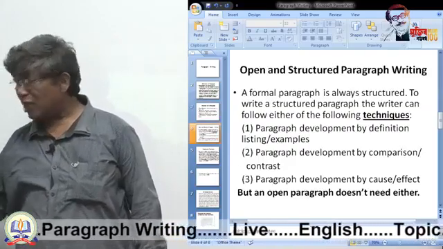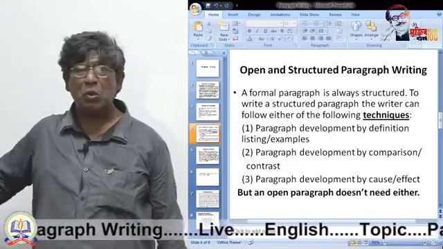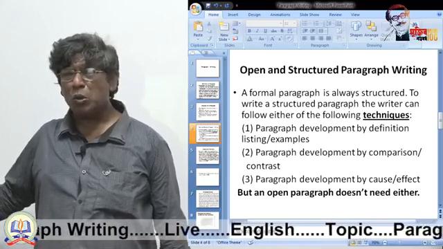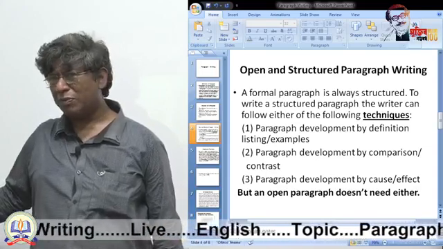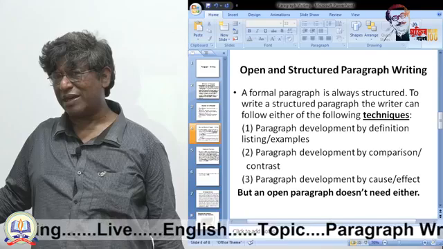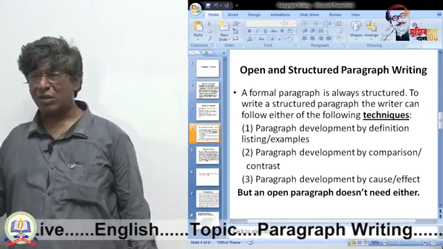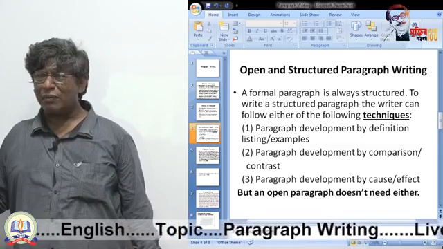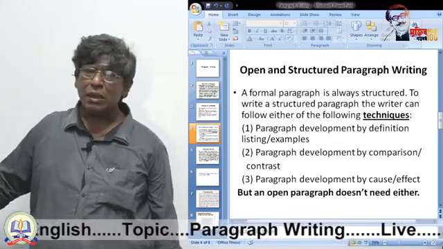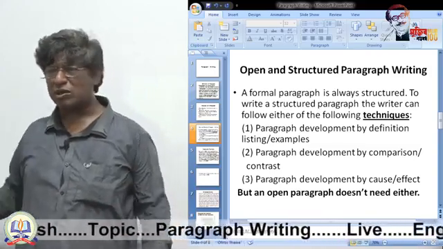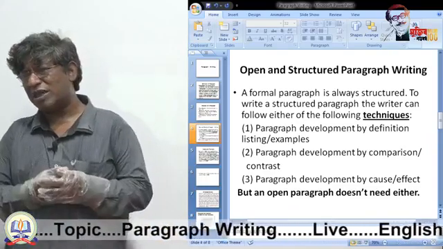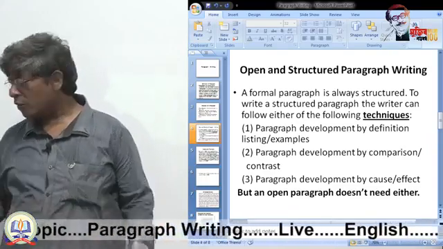As I have said in the beginning, we may have two types of paragraphs when we write: open and structured paragraph writing. Open paragraph writing means, I am sorry I am not showing it on the screen, try to follow.